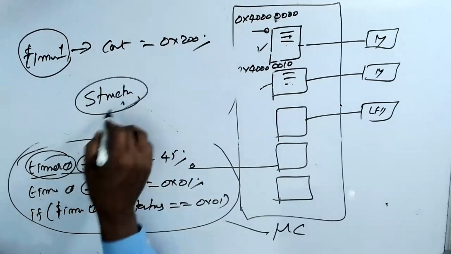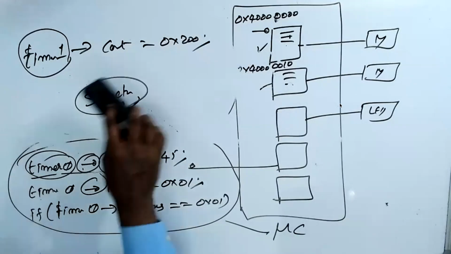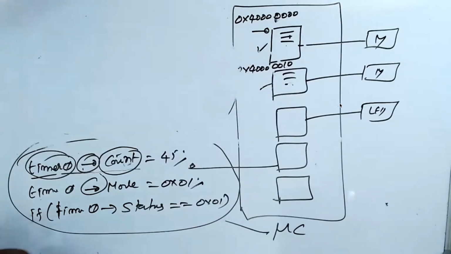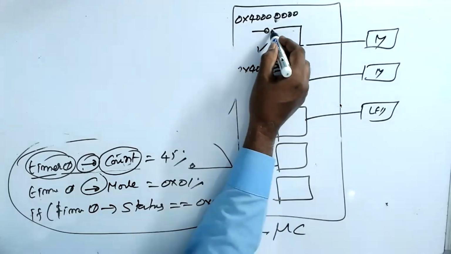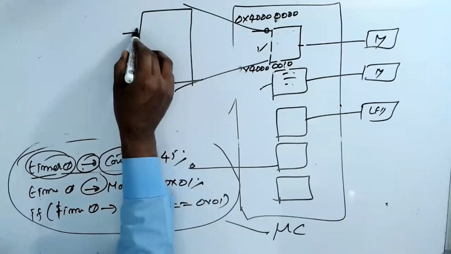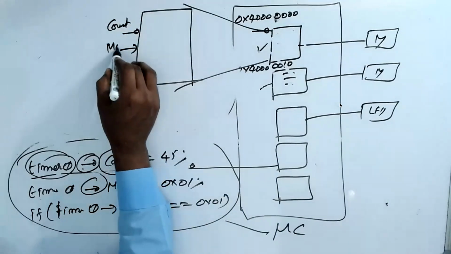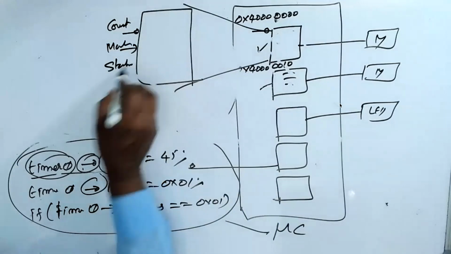Understand one thing very clearly. Let us zoom in here. This has 3 registers. One is called count, one is called mode, one is called status.